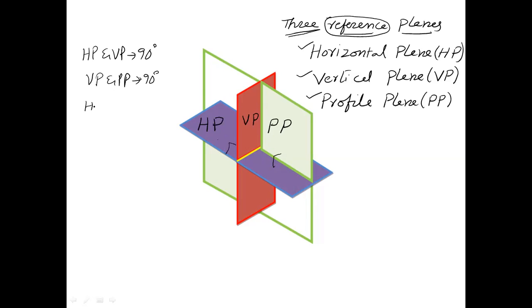What does that mean, dosto? These planes are mutually perpendicular to each other. So HP and VP are perpendicular to each other. VP and PP are perpendicular to each other. PP and HP are perpendicular to each other. So to draw the orthographic projections, I am considering mutually perpendicular reference planes.